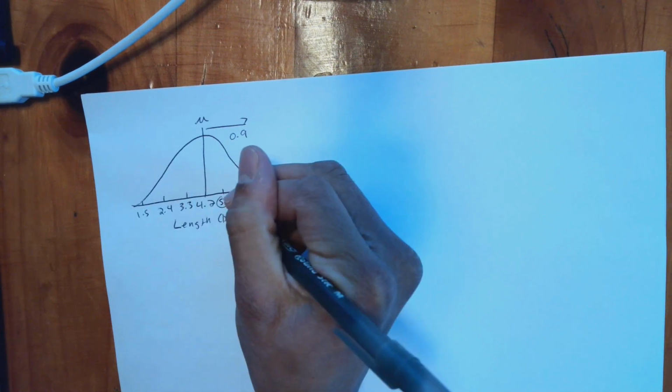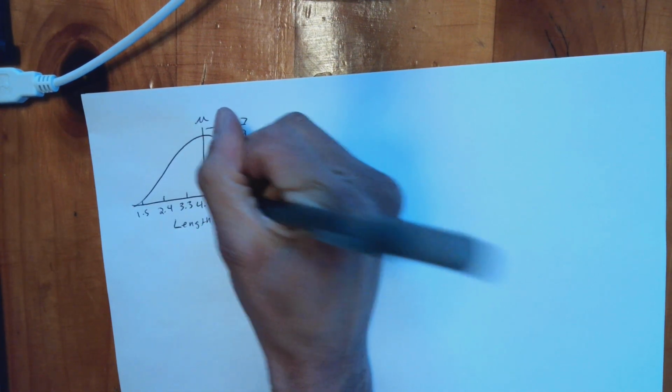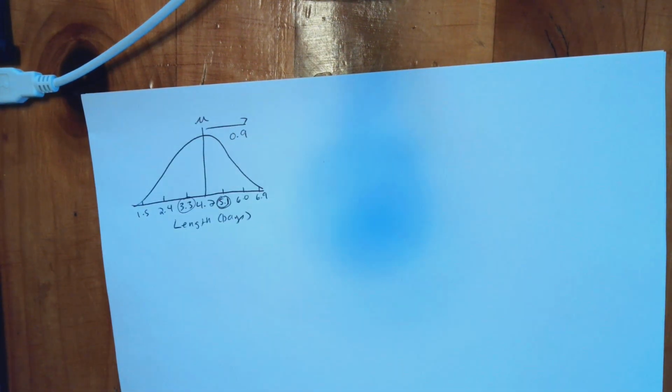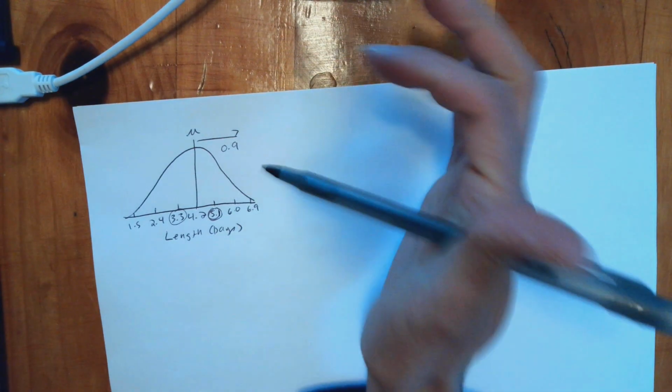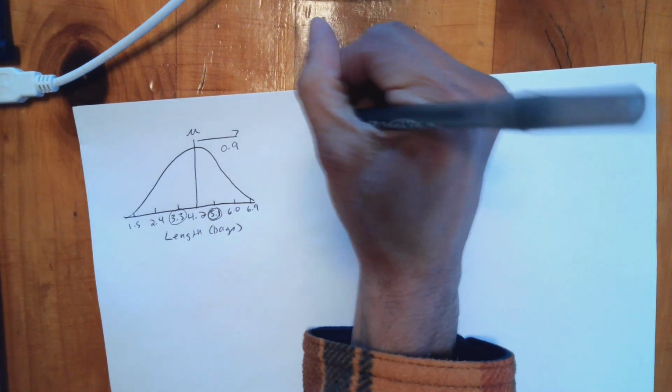So the first question asks you, what's the probability that a trial is going to last between 3.3 and 5.1 days? We can see we've got these numbers already written out here as our tick marks. And so the 68, 95, 99.7 rule is going to let us find a probability for getting an outcome between these two numbers. And specifically, it tells us the following things.